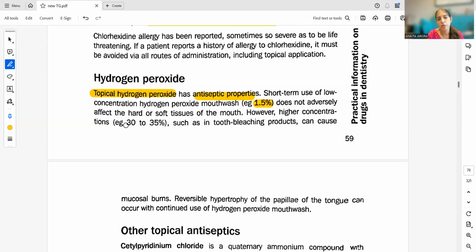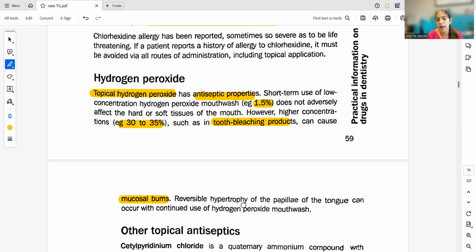However, higher concentrations, which are 30 to 35%, act as tooth bleaching products. Hydrogen peroxide, as we know, oxidizes the discoloration and is an effective bleaching product. At this concentration, it can cause mucosal burns. So when we are doing hydrogen peroxide bleaching, it is strictly under rubber dam and strict isolation.